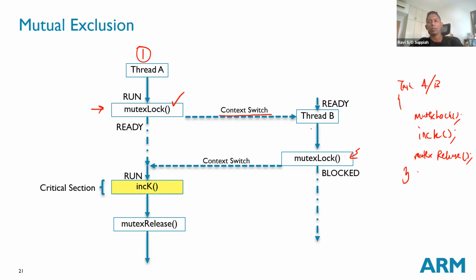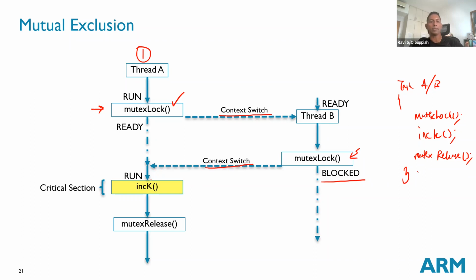The OS will say that task A is already using the mutex, so task B is not allowed to get it. In this case, it will put task B into a block state. This is again managed by the OS. Once task B goes to a block state, what will happen? It will allow an immediate context switch back to task A.